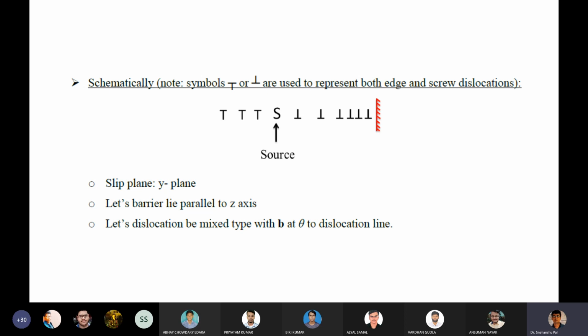So suppose the slip plane is the Y plane, and you can imagine that the barrier is parallel to the Z axis, and let the dislocation be of mixed type, with Burgers vector b at angle theta to the dislocation line. Now, what is the scenario?